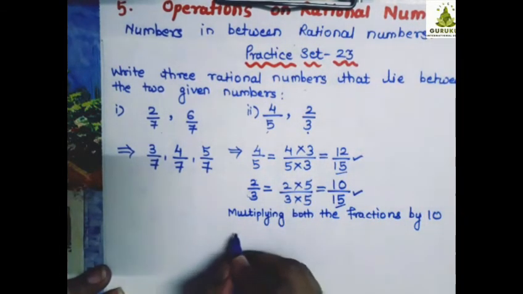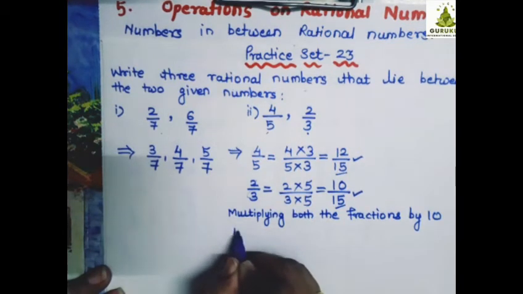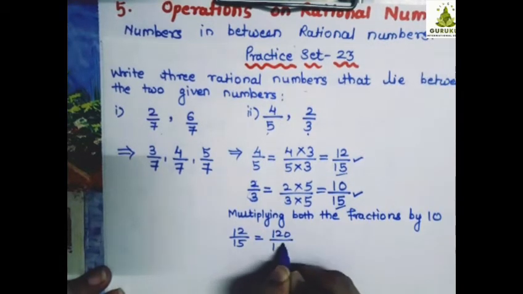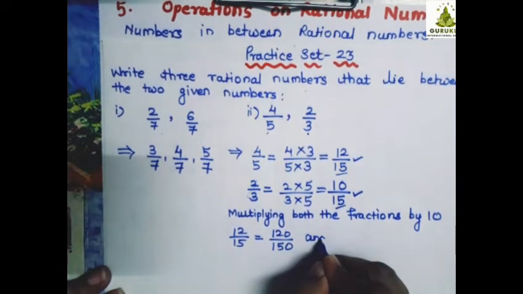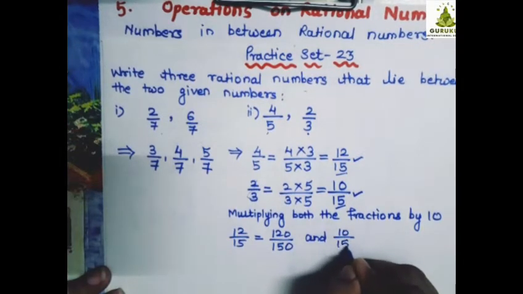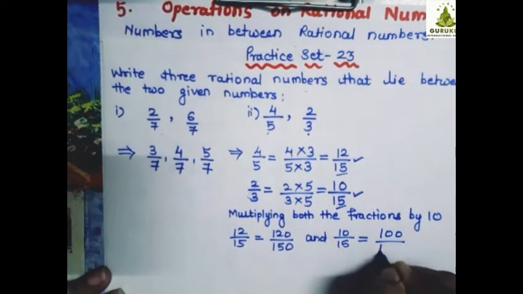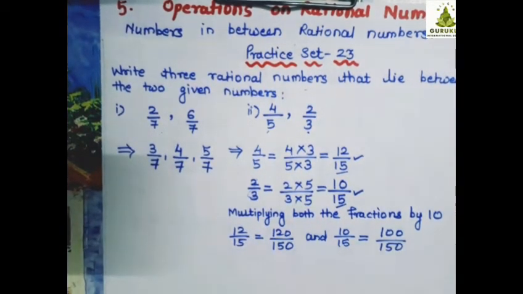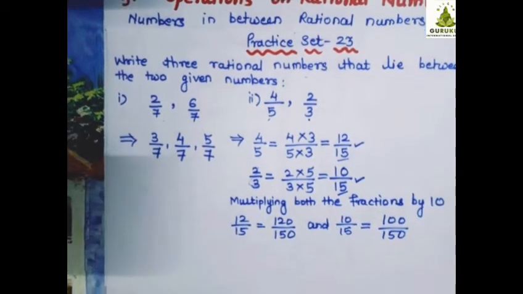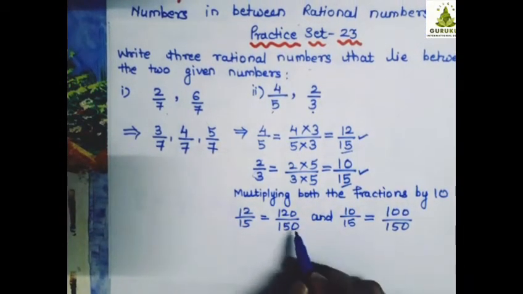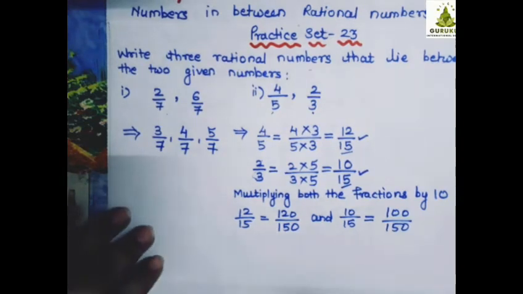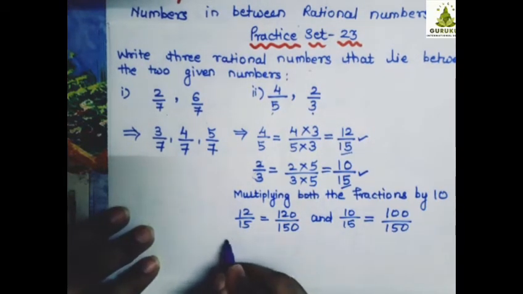If you multiply 12 upon 15, how will it come? 120 upon 150, and 10 upon 15 will become 100 upon 150. See, multiplying by 10 means both numerator as well as denominator we have to multiply by 10. Okay. So now we got two fractions, 120 and 100 upon 150. Out of these we have to write any three numbers between them. Correct? So while writing the answer, how should we write?